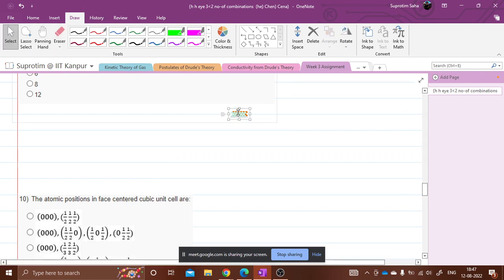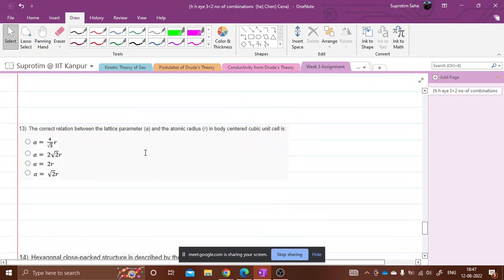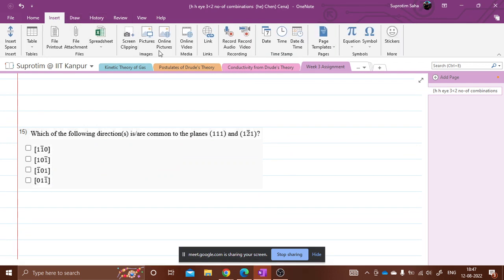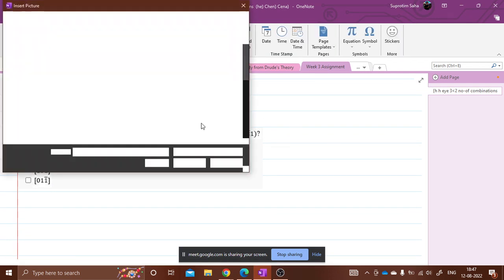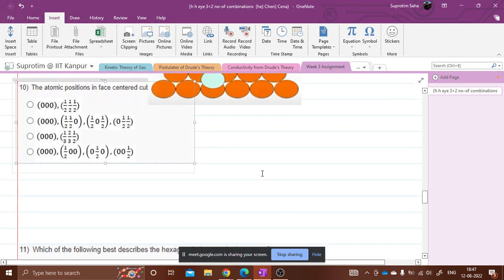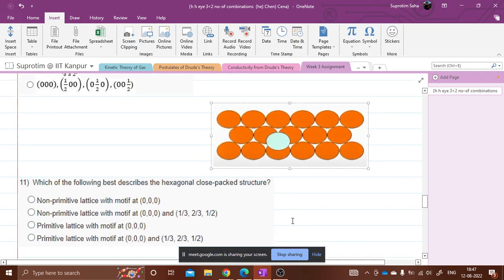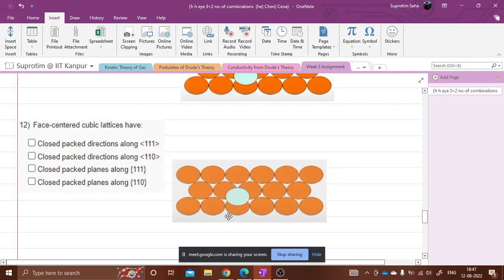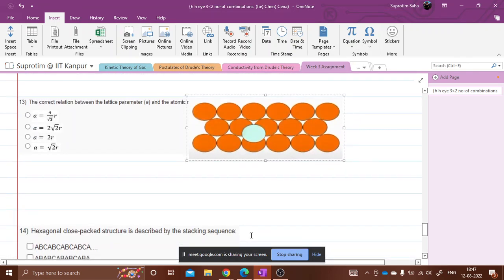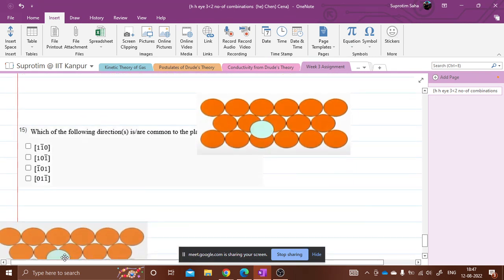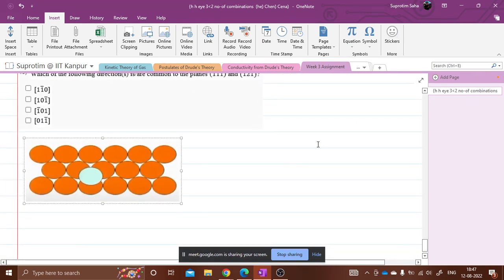So this is it. Let me just paste in the end. So this is your first layer.